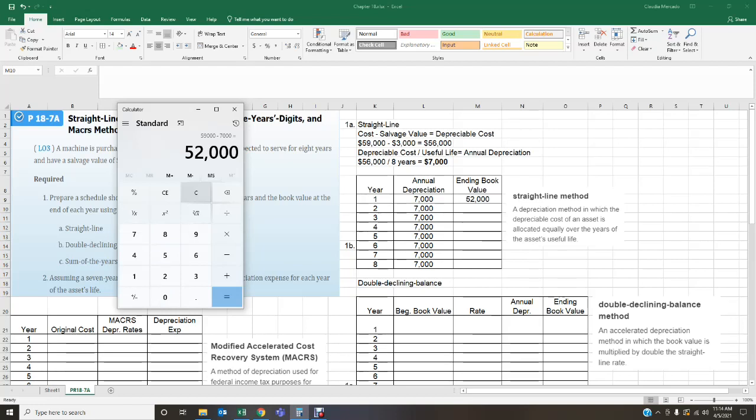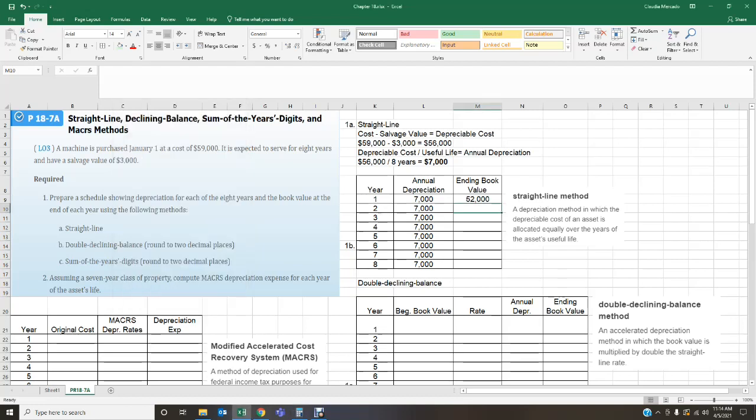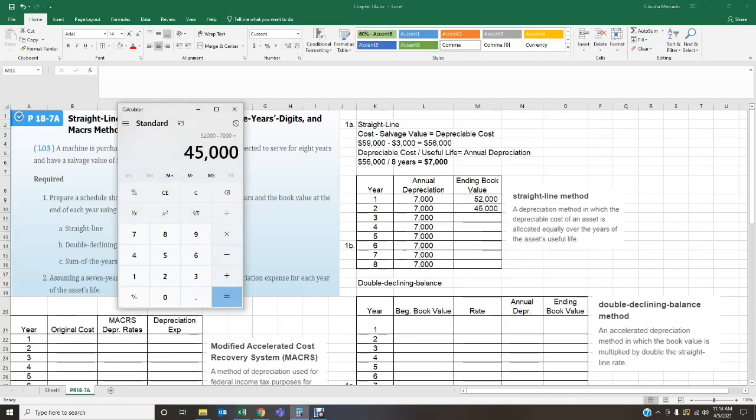For year 2, I'm going to get my $52,000 and subtract my $7,000 annual depreciation. That gives me $45,000. For year 3, I always start with my prior year's ending book value, which is $45,000, minus the $7,000 depreciation for this year.